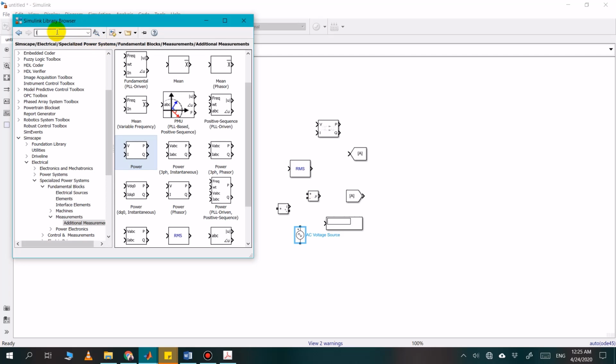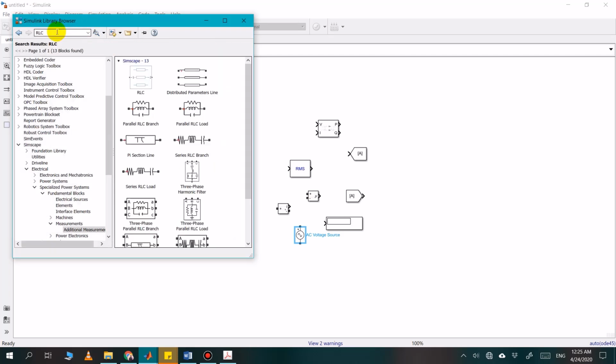Actually RLC branch. Here is the RLC branch.